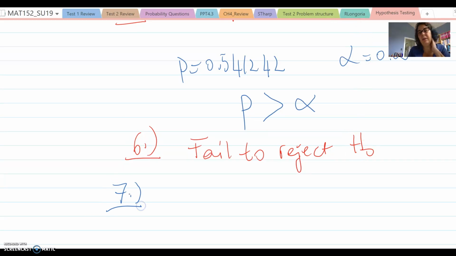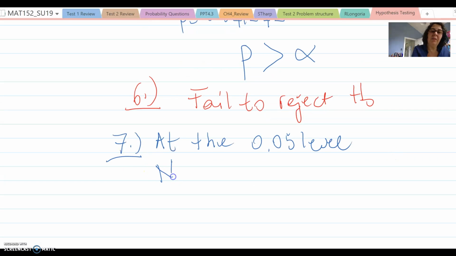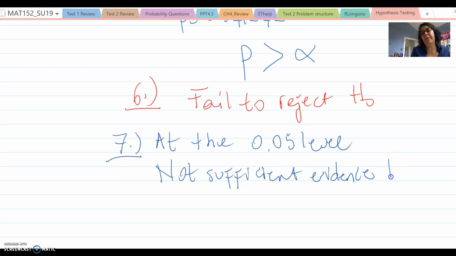You write the interpretation for the man on the street, which is at the 0.05 significance level, there is not sufficient evidence to support the claim, whatever your claim is. Claim dot dot dot dot. You're not allowed to put dot dot dot. You need to complete that sentence in the test.